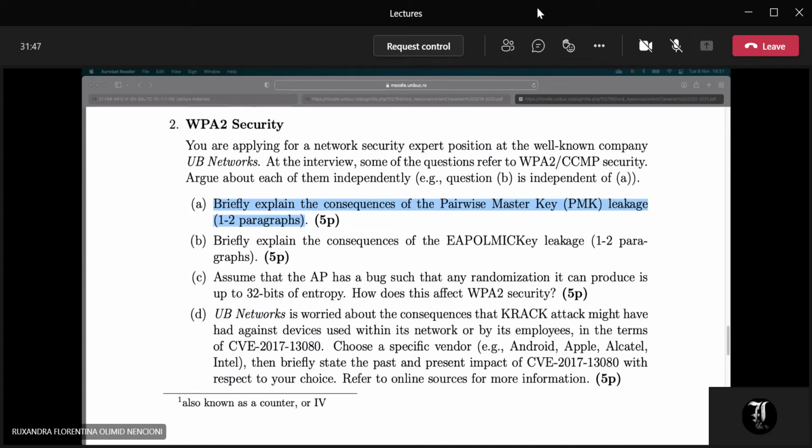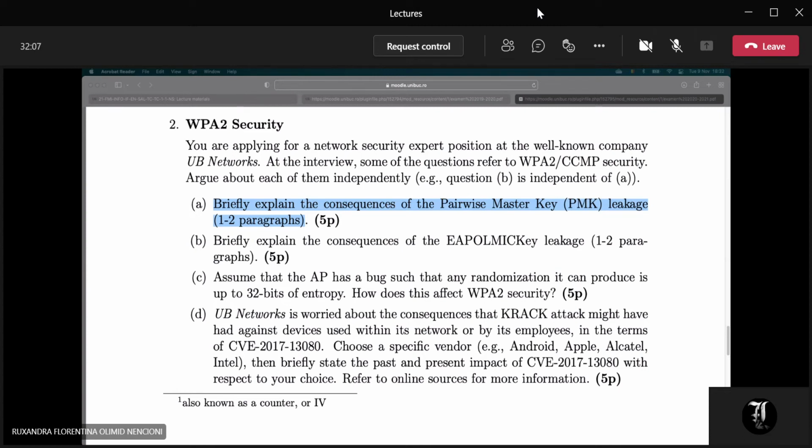I think it's public as well. So if you have the PMK, you can derive the group master key or the pairwise transient key. Yes. So in one word, as you said, yes, we have a big problem, and that is really correct, and that was the explanation, right?